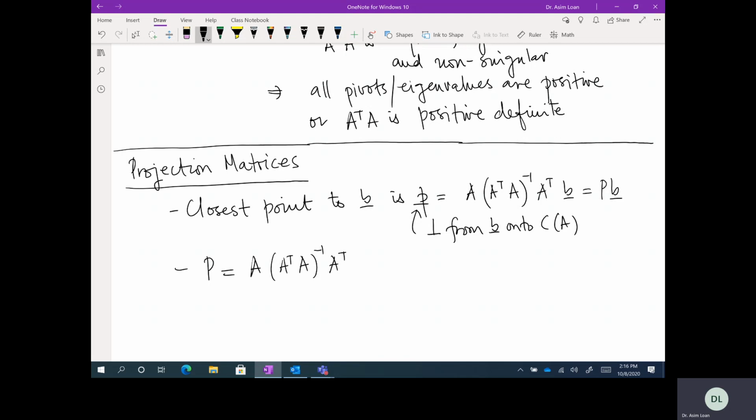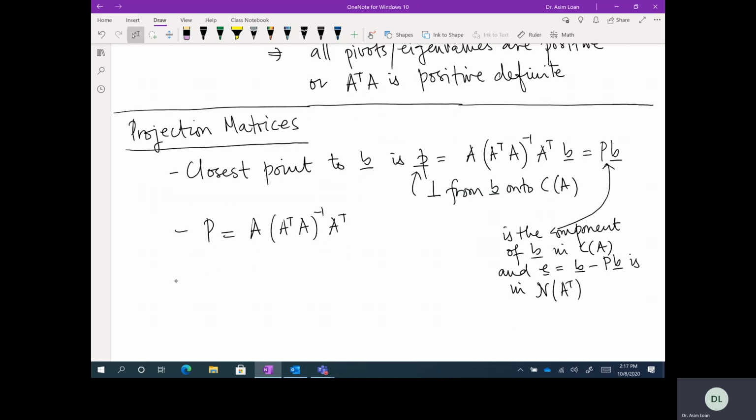Okay. So this component Pb is the component of b in the column space of A, and e, which is b minus Pb, is the component in the left null space of A, because it's the orthogonal complement.